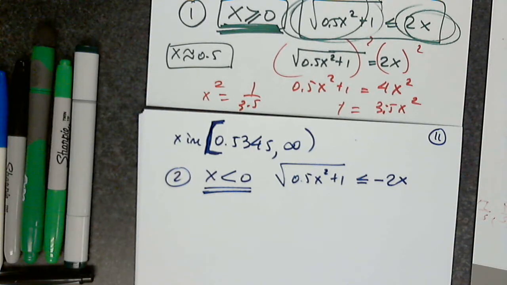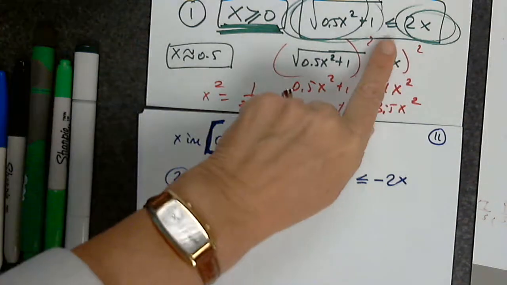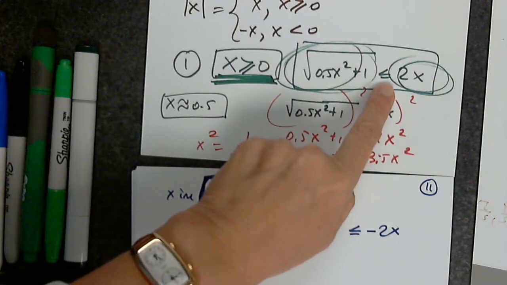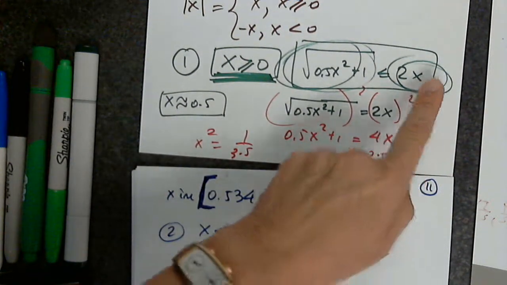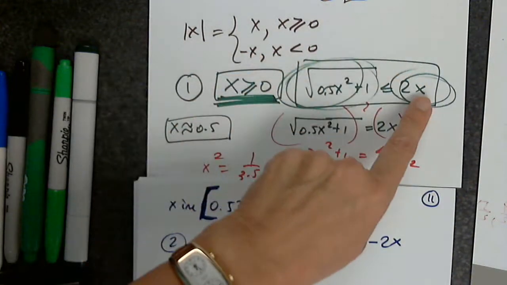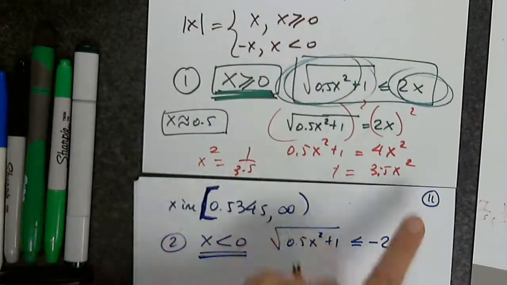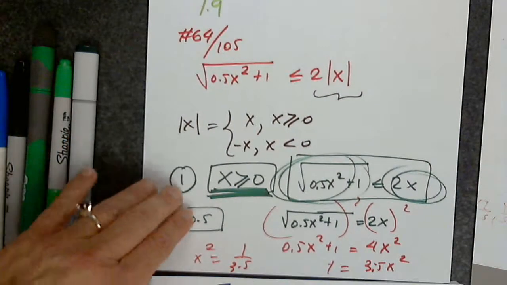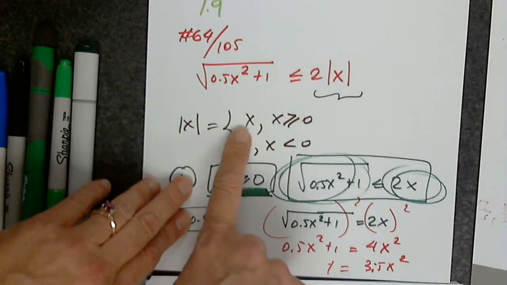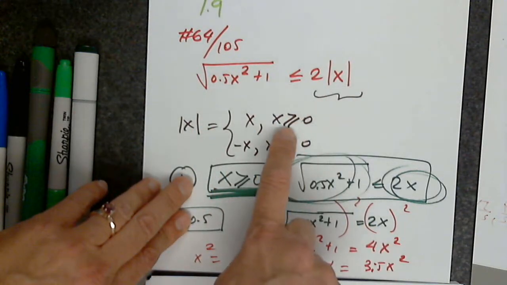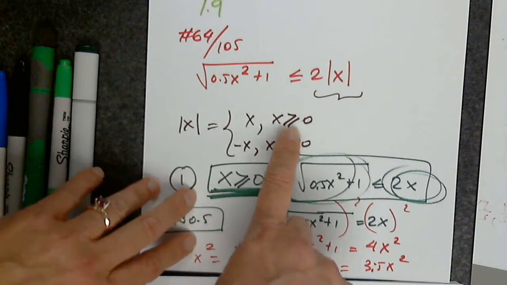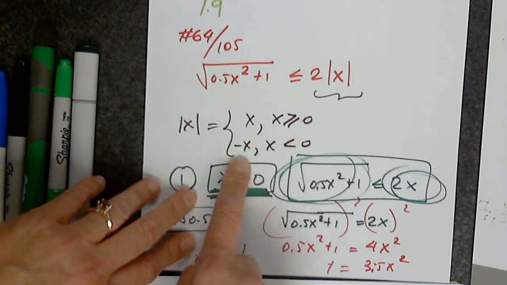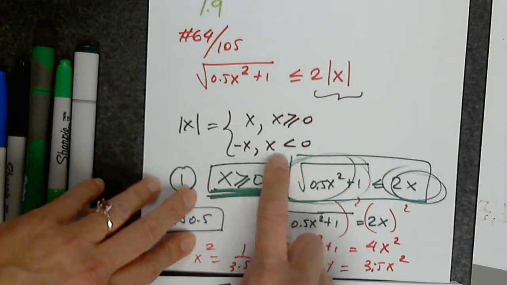You have to put this on. Inequality. No. The inequality symbol cannot change. This is carved in stone. I can only replace the absolute value by x or the absolute value by negative x when the domain is the opposite, right? So I have two inequalities. When the absolute value of x is replaced by x in this interval only, and when the absolute value is replaced by negative x in this interval only.